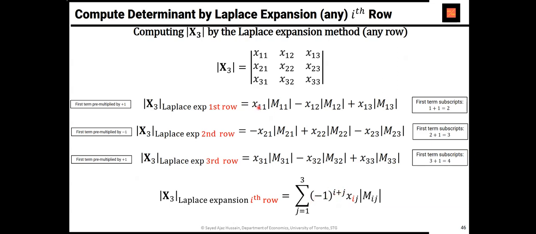If the first element is 1, 1, this will be 1 plus 1. It'll be an even number. Minus 1 to the power even number gives you a plus 1, right? So you can see the minus 1 to the power i plus j is a very convenient and often used rule in graduate school for giving a plus for even numbers and a minus for odd numbers. And then, of course, you can multiply with the corresponding element and then, of course, the minor of that element.